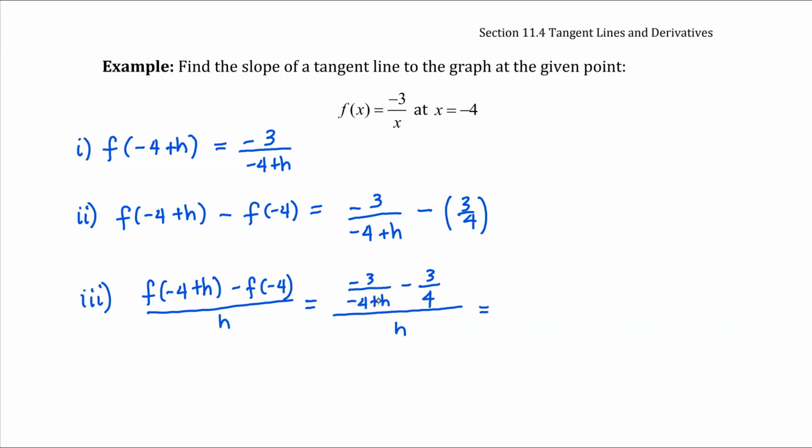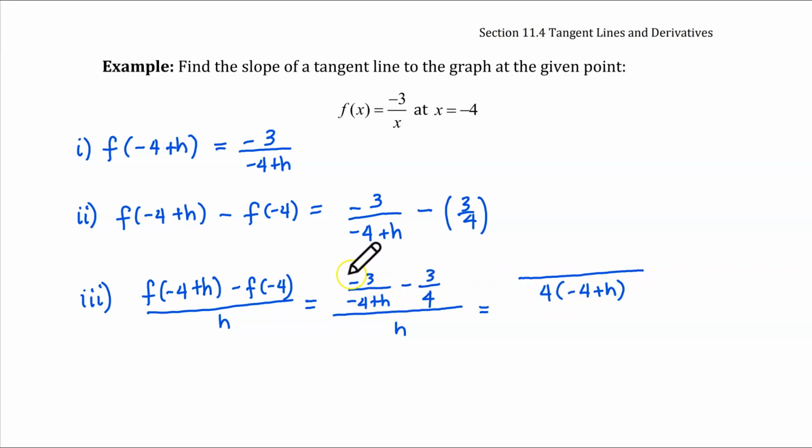To do that, we get the LCD. We just multiply the denominators. We have 4 times -4 plus h. And then we look at this and divide this to this. So this expression divided by -4 plus h is equal to 4.